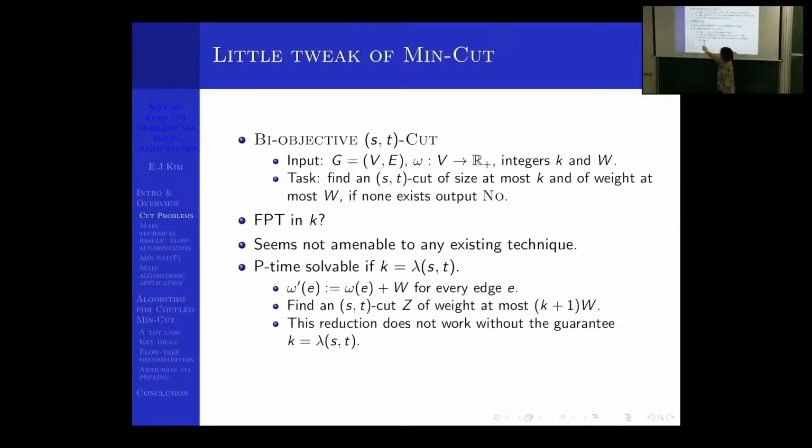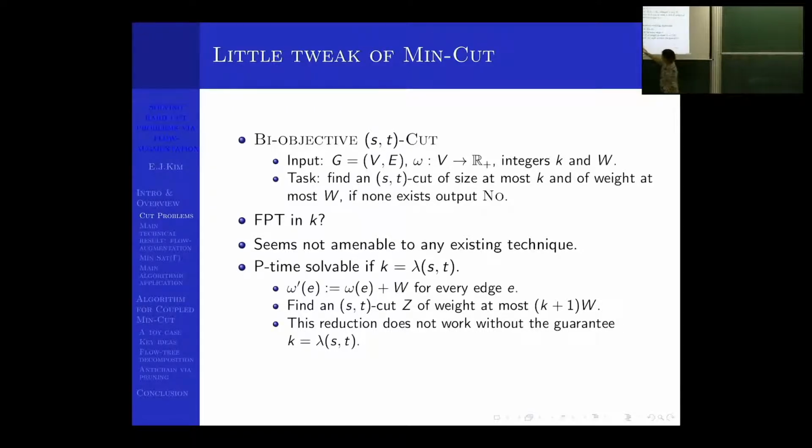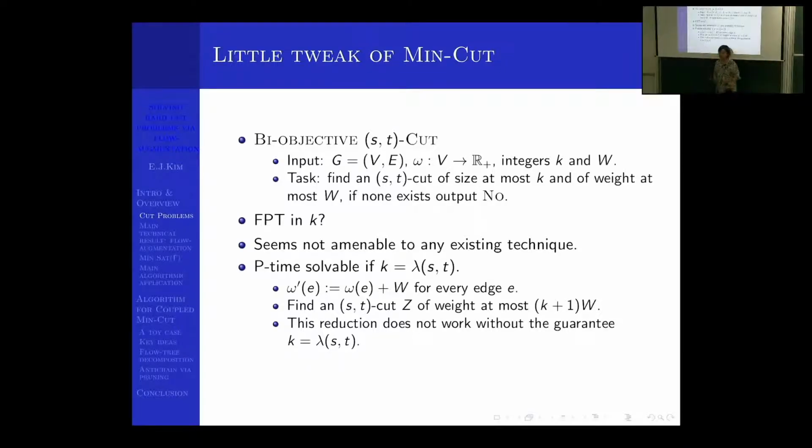In this case, maybe you could find a k plus 1 times W weighted cut, but maybe it uses way fewer than k edges, and the weight sum is way larger than W. It could somehow fool the algorithm: because it saves a lot of factor here, although it exceeds the weight bound, it still qualifies as a min weighted cut. So this can happen. Only with this guarantee that k is exactly the min cardinality cut can you use this reduction.